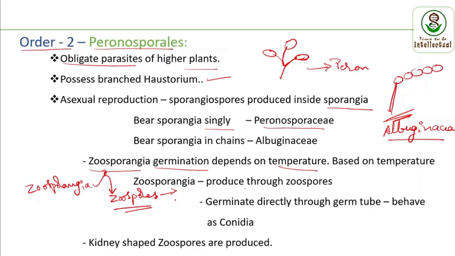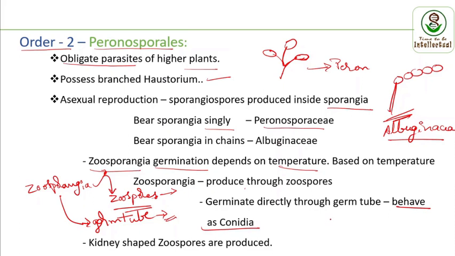That is one way. Another way, at a certain temperature, the zoosporangia form a germ tube and germinate. In such cases, the sporangiospore which germinates this way behaves as conidia. These are not actual conidia.